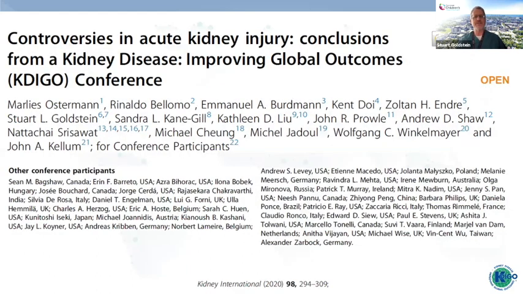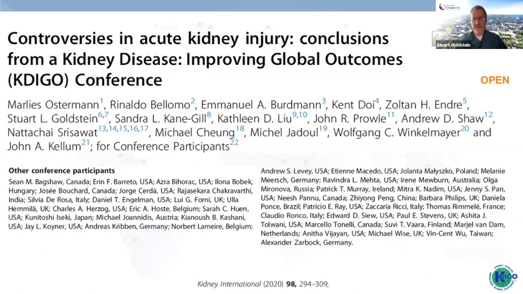So the Controversies Conference convened in 2019 in Rome, and the executive summary from the KDIGO Controversies Conference was published last year in Kidney International. And you can see those of us who are in the byline were the co-directors or co-chairs for various work groups, but you can see all of the other conference participants from around the world.